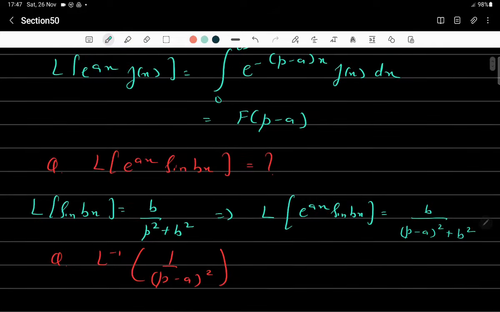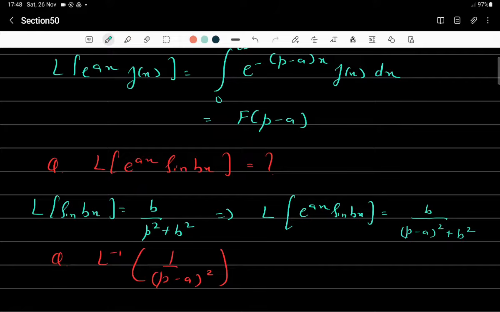Now let's compute Laplace inverse of 1 by (p minus a) whole square. First recall that if there is no a, then what is Laplace inverse of 1 by p square? Laplace of x is 1 by p square, and in general Laplace of x raised to the power n is n factorial by p raised to the power n plus 1.